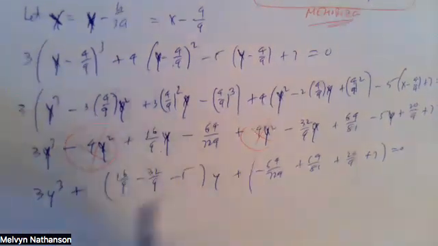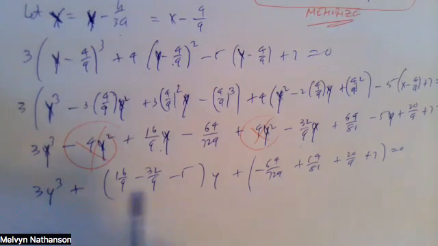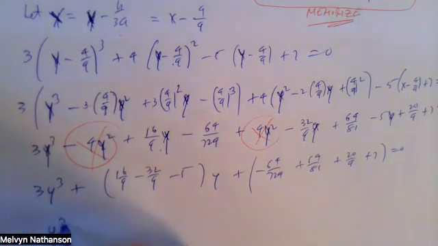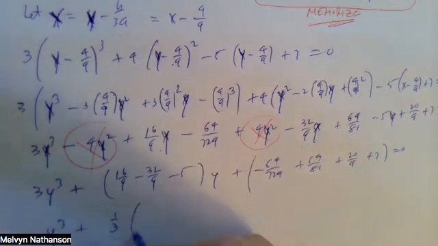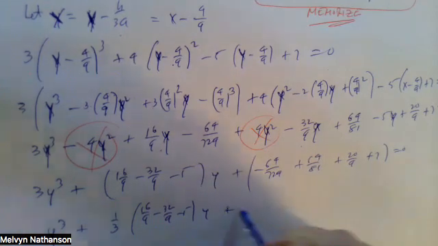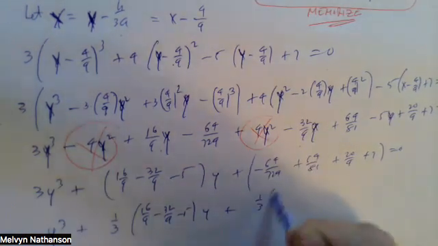So now I have a cubic, but there's no square term. It's y cubed and y and a constant. And then I just divide by 3. I get y cubed plus a third of this and a third of this.